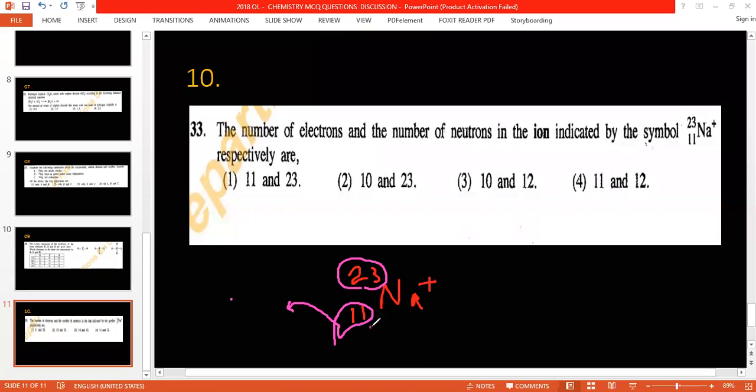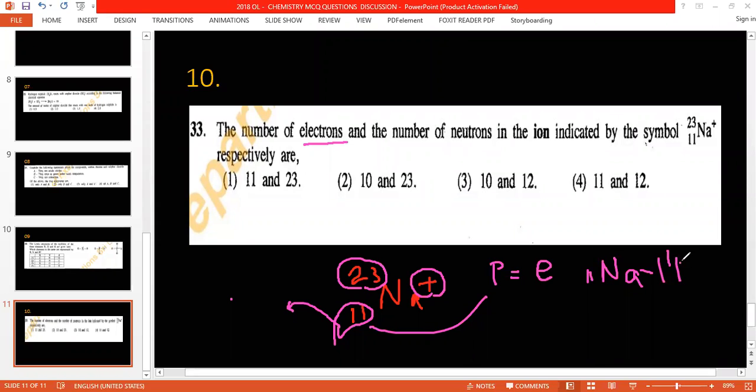The atomic number is equal to the number of protons and also the number of electrons. So what is asked here? Electrons. But here it is given as Na plus. In Na, the atomic number is 11, so 11 protons and 11 electrons.